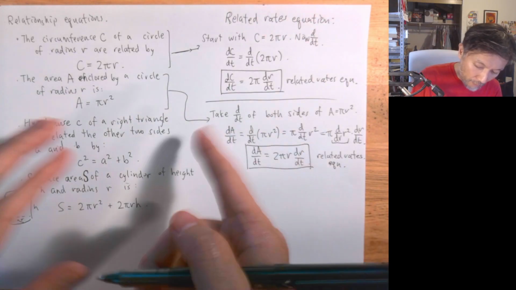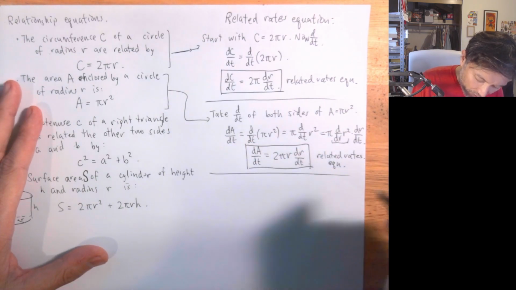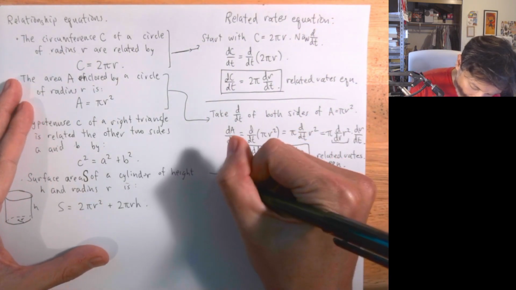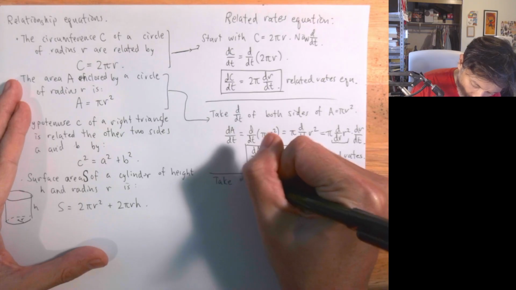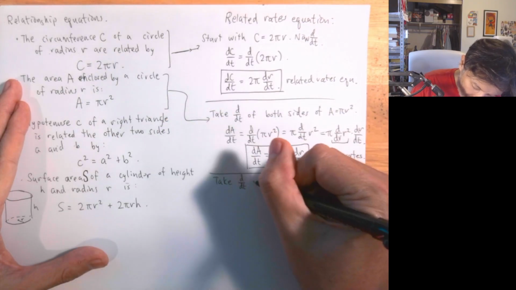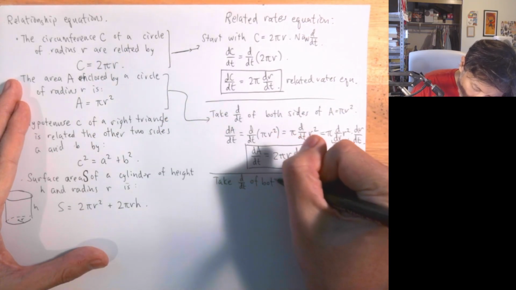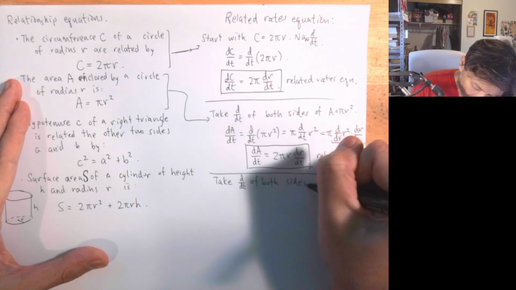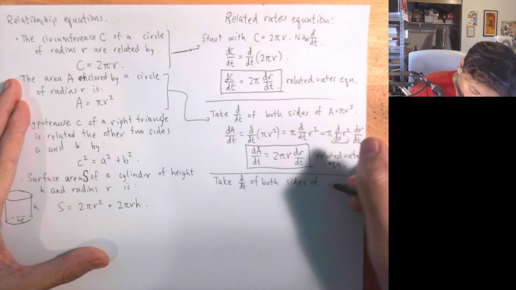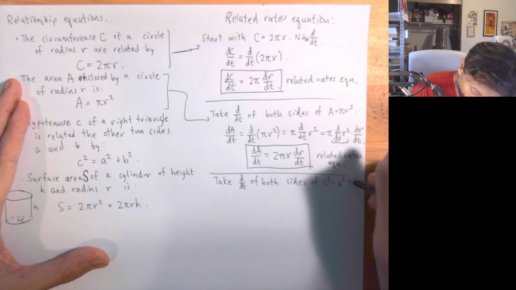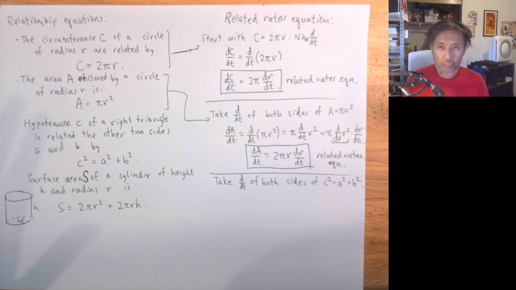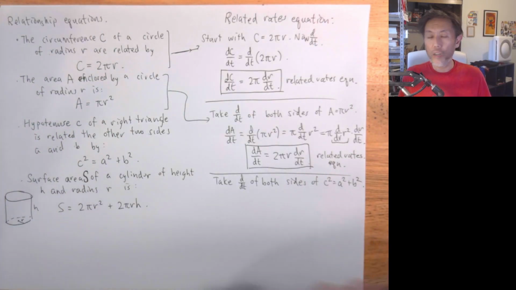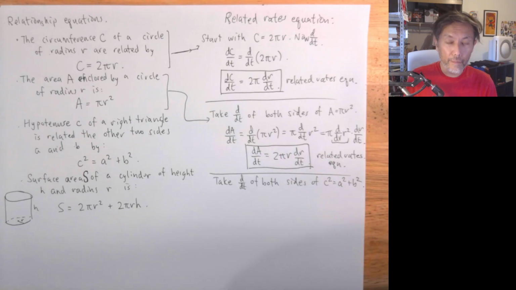Well, we can find out by doing what we did up above. We just take d/dt of both sides of this equation, c squared equals a squared plus b squared, under the assumption, of course, that all of these quantities are time-dependent quantities, meaning that they are themselves dependent on time in some form or fashion, right?